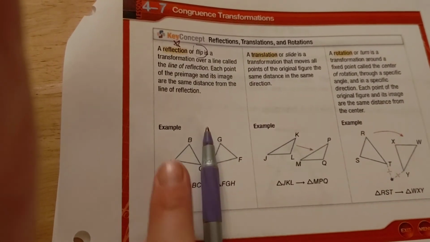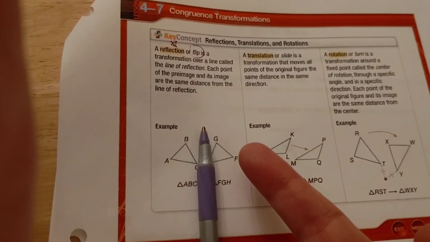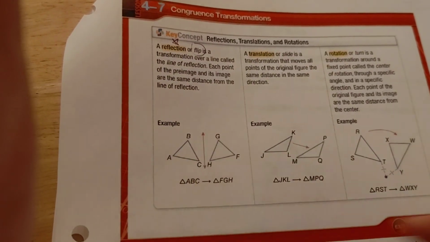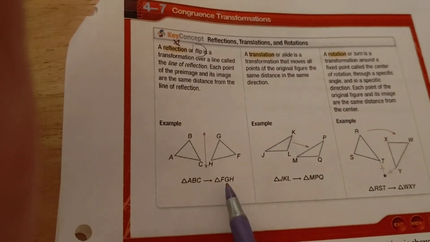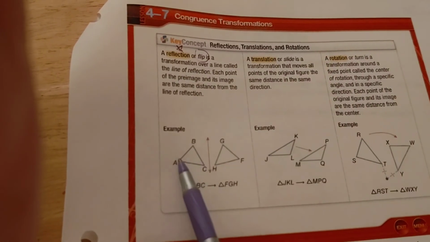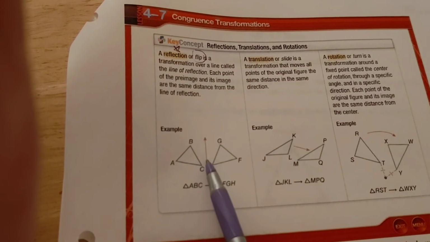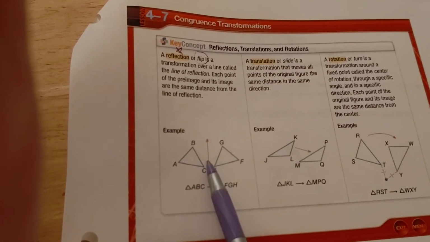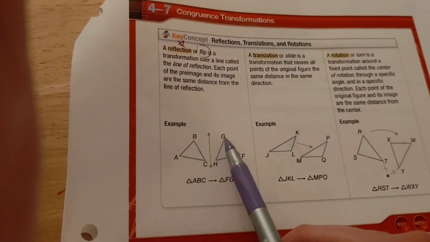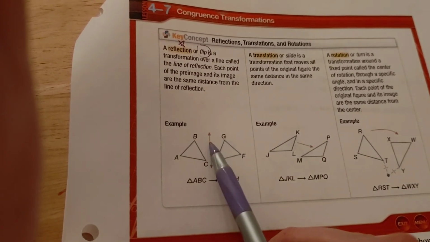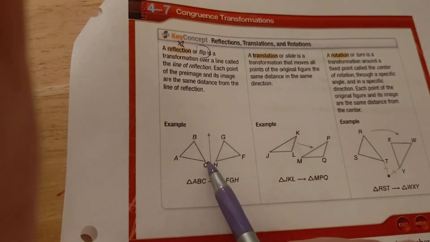So you can see how basically this triangle just jumped right over and then landed on the other side. And notice that triangle ABC has now become triangle FGH. Notice that A is an equal distance from the line of reflection as F, equal distance apart. Notice that B is equidistant to this line as G is, and C as H.